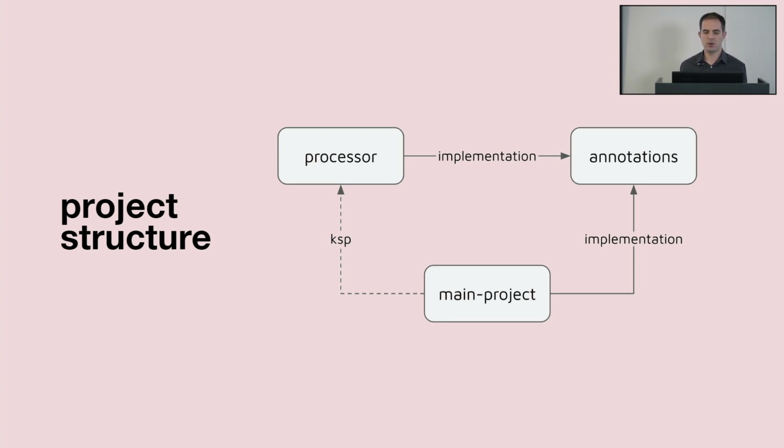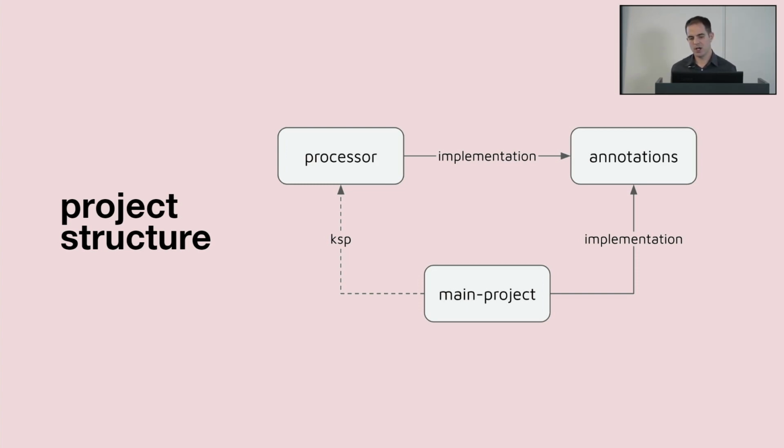The interesting part here, or the much bigger part here, is the processor module. The processor module will be included only at compile time, so it will not be included in the final application. It will not be added to the application or the APK, and it will examine the code base, annotations, and also the user-written code, and then generate new code.